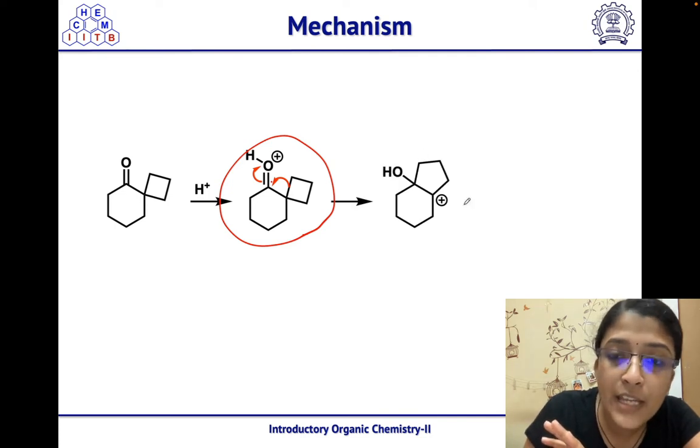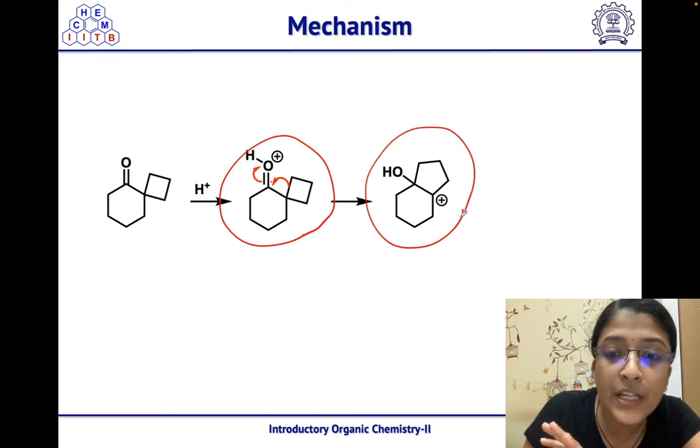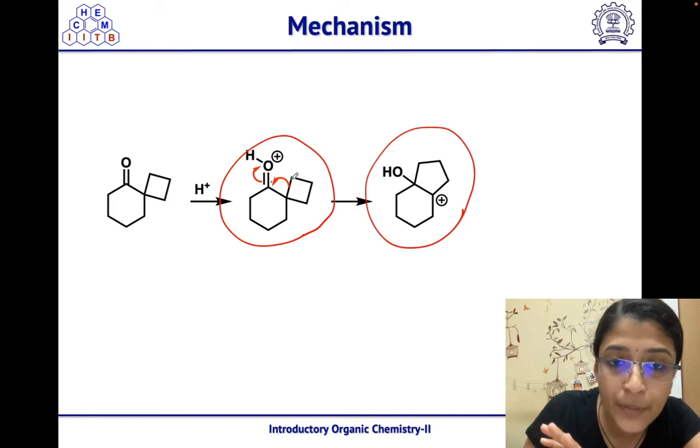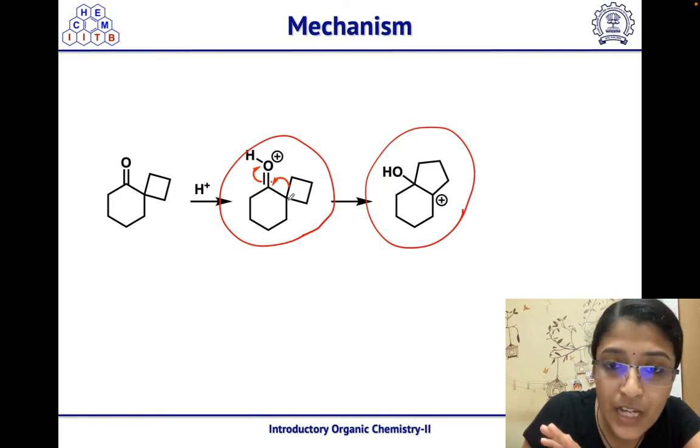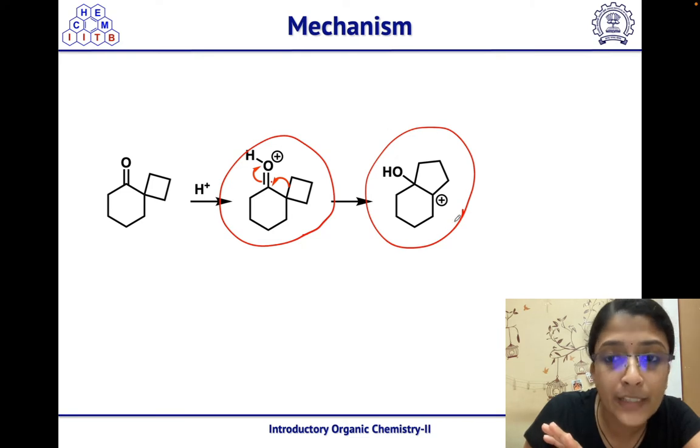So we will get a six-membered fused ring like this with a positive charge on this carbon. This carbon is going and attacking at this carbonyl, so we will get a system like this.